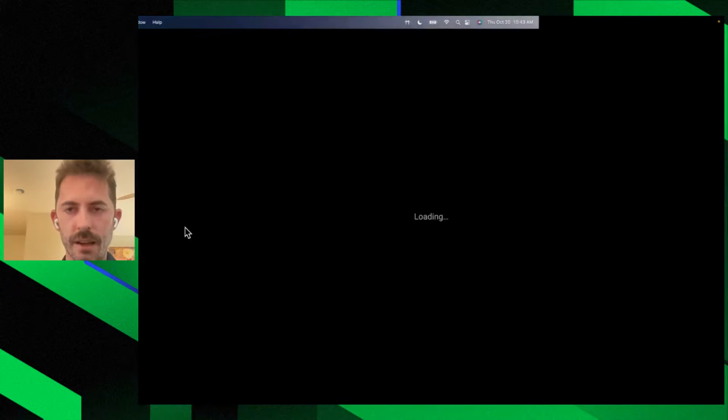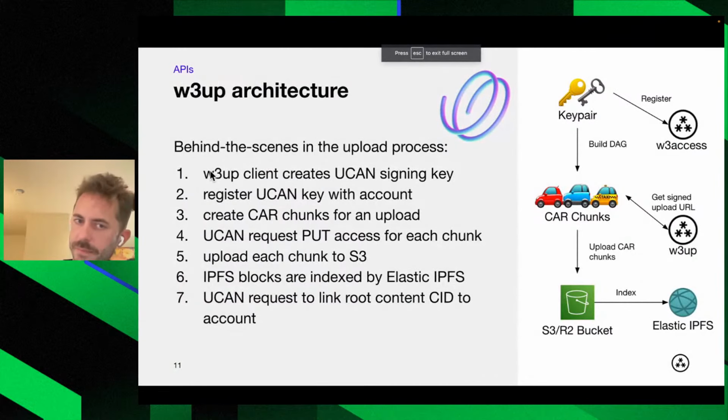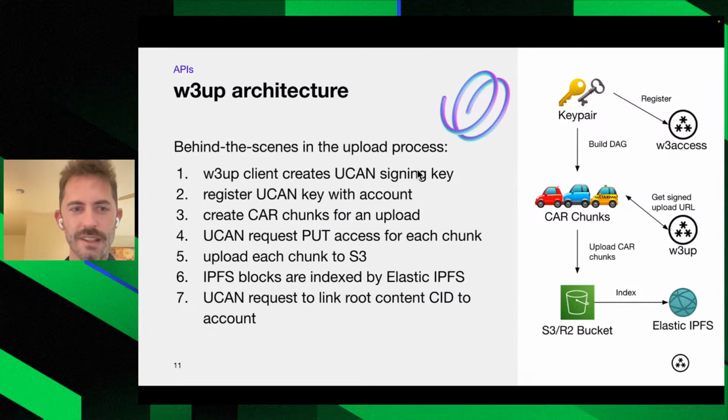So what just happened when you did that upload is behind the scenes, there is the signing key. That was the ID stage. There was the register where you tell us about it and click that link in the email. And then you build these CAR chunks, probably only one, unless your file was huge, and then you use the UCAN. They'll have the UCAN capability for uploading, and so you tell our upload endpoint about it, and it says, "Oh, okay, so your file has a hash of XYZ and a size of ABC.